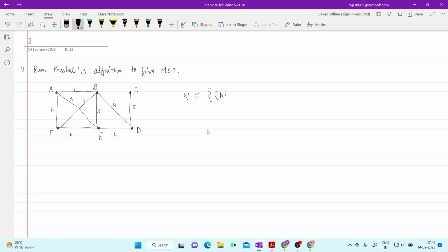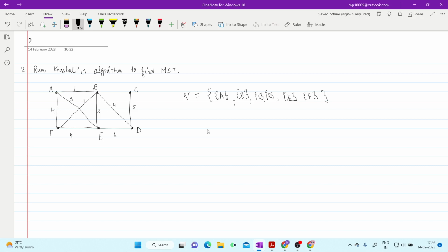So we have all these vertices A, B, C, D, E, F. We are trying to find a minimal spanning tree in this graph using Kruskal's algorithm.